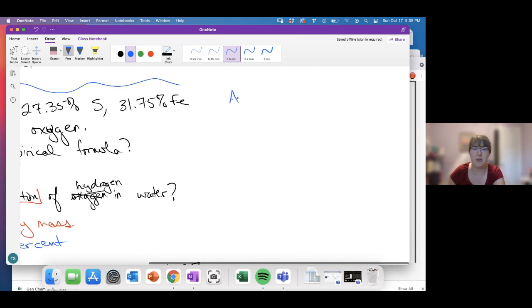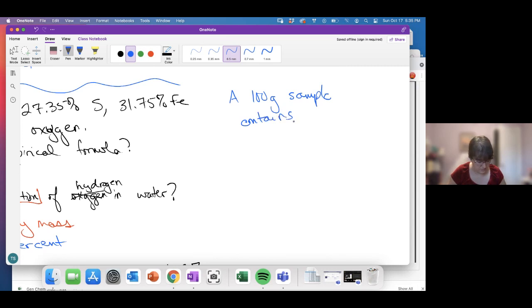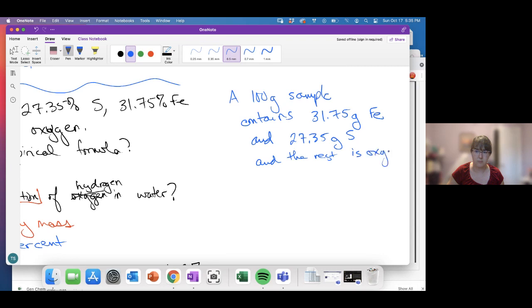I could just say a 100-gram sample contains, and then it would say something like 31.75 grams iron and 27.35 grams sulfur, and the rest is oxygen. What's the empirical formula? You can't really avoid the words empirical formula.